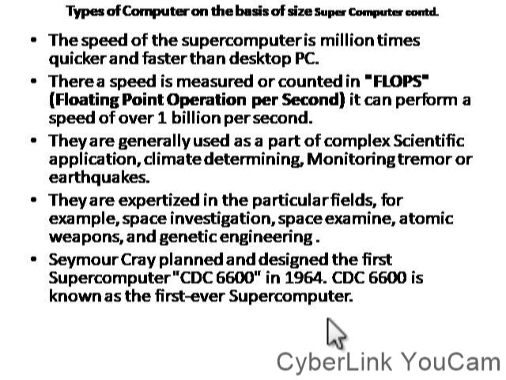It is generally used as a part of complex scientific applications. As I told you before, in specific applications it will be used; in our day-to-day life an ordinary person cannot afford that computer. For specialized purposes like complex scientific applications, climate determining, and monitoring tremors or earthquakes, we will use a supercomputer.